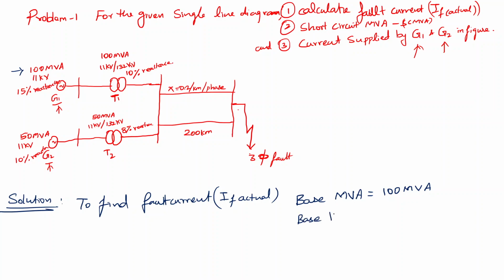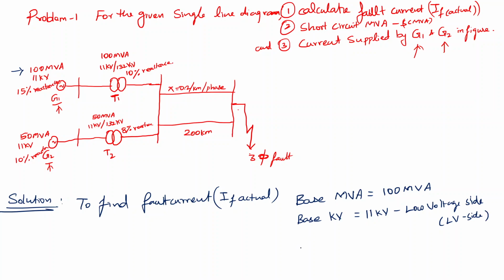And base kV. Two types of bases are there: one is the primary side, before the transformer, and after the transformer. So we need to consider two kV bases for different calculations. For example, if you are calculating any values on the primary side, then you need to consider base kV of 11 kV. That is the base value at the lower side, low voltage side. So simply I will write LV side hereafter.